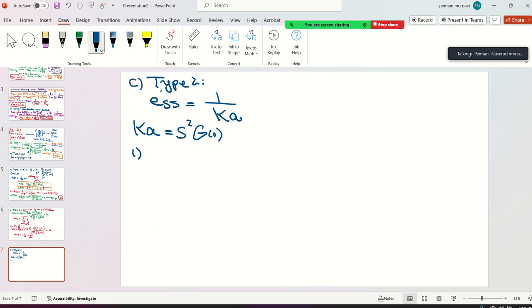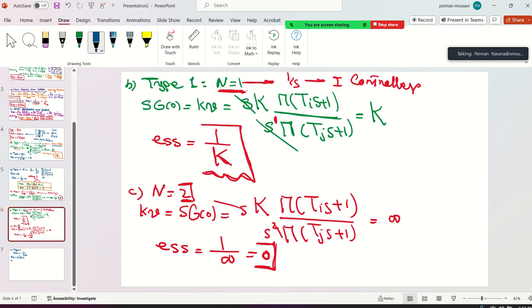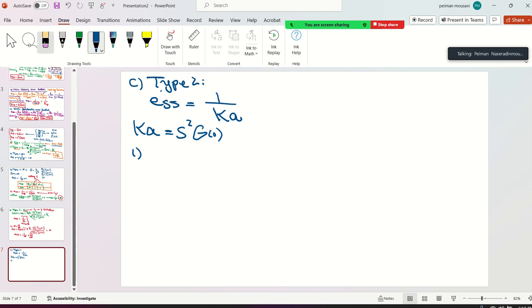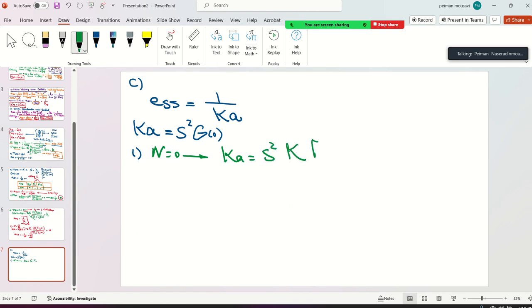Case A, when e_ss is this, okay? With the type of the system being 0, meaning there's no integrator, Ka is going to be s squared K (τ_i s + 1) divided by (τ_j s + 1), which is going to be 0.